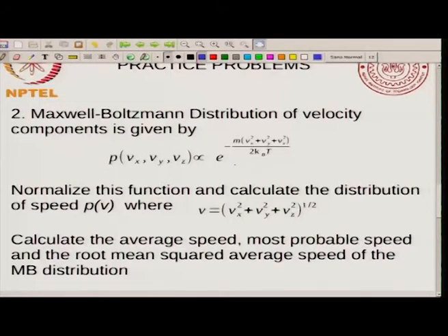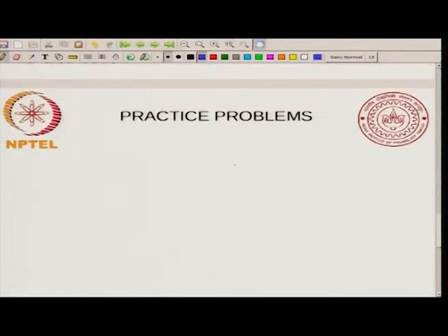First, let us look at the normalization. So, notice that P of Vx, Vy, Vz is proportional to e to the minus m Vx square by 2 kBT, into e to the minus m Vy square by 2 kBT, into e to the minus m Vz square by 2 kBT.